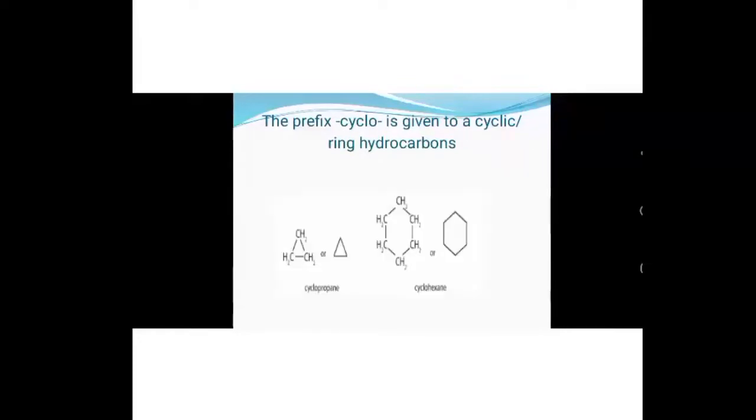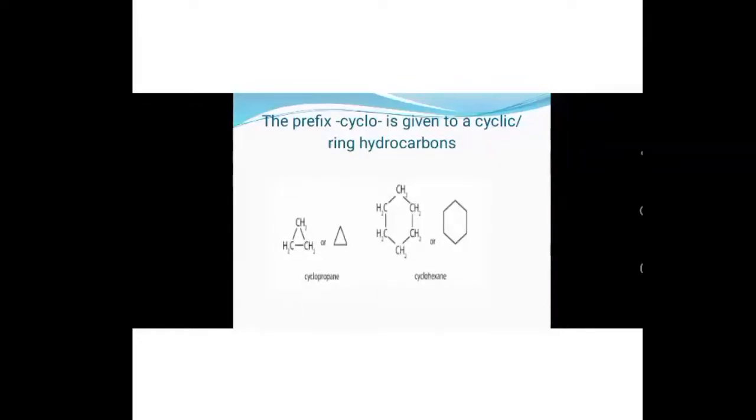Then we also have the 6th rule, which says that the prefix cyclo is given to a cyclic or ring hydrocarbon. Let's look at those structures as an example.